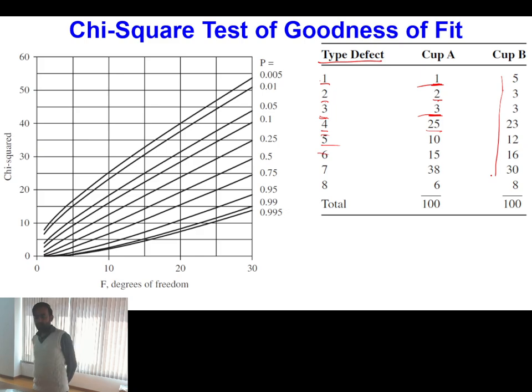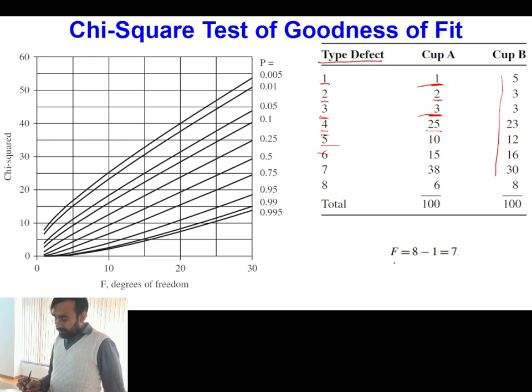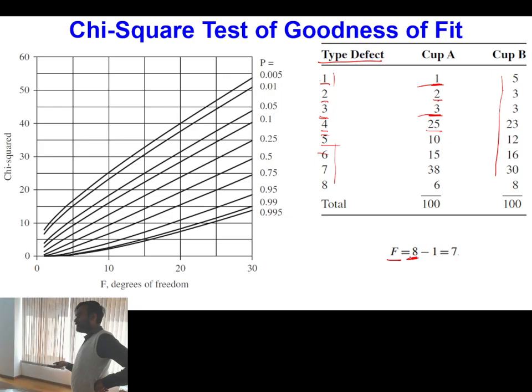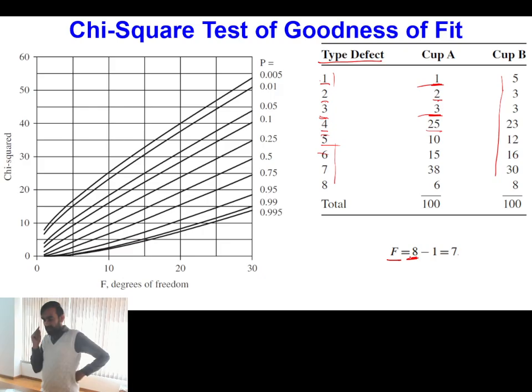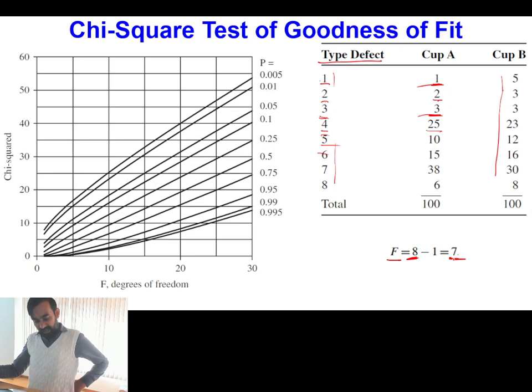Okay, so to test this, we will calculate the value of f. So how many number of defects are we having? 8 different. And what is the constraint? The constraint is only one, because we are trying to test the defect available in the cup. Okay, so 8 minus 1, that 7 is our value of f.